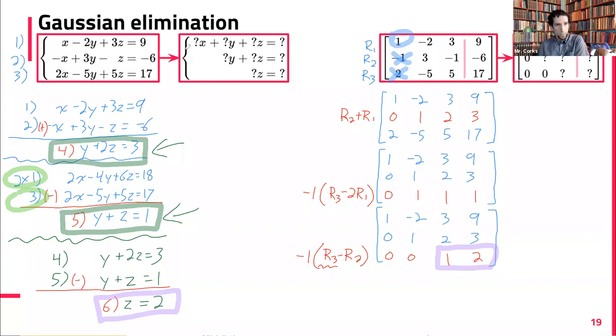What I want to draw your attention to here is the shape. So with our system of equations, if we took our equation 4 and equation 6, and then equation 1 as well at the top, we've kind of made that triangle shape. And then look at what we have in our matrix as well.